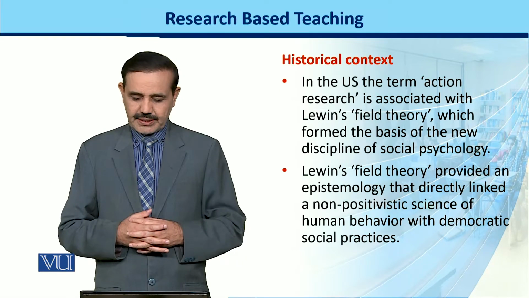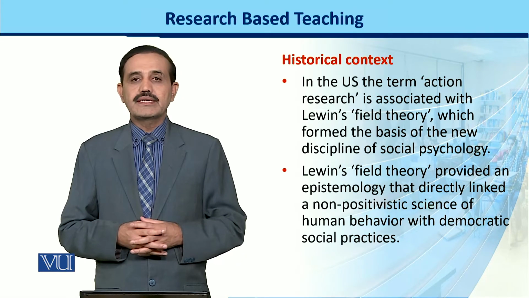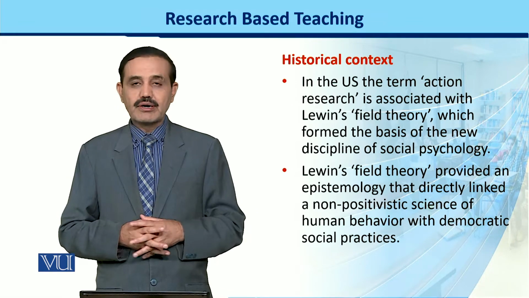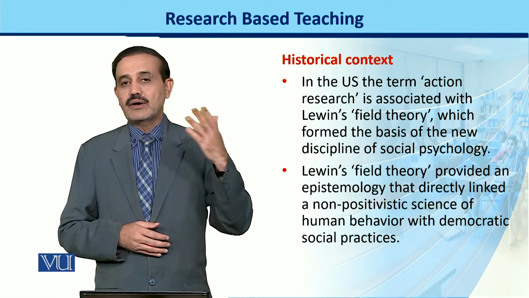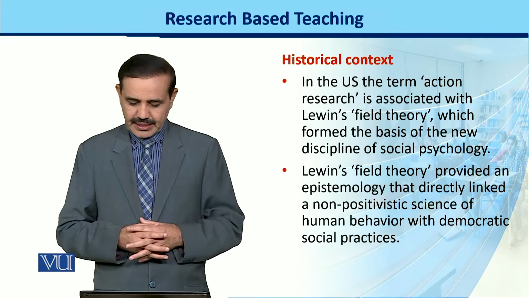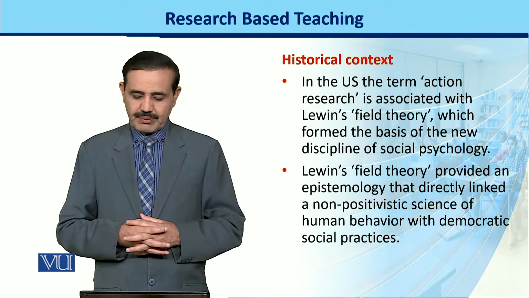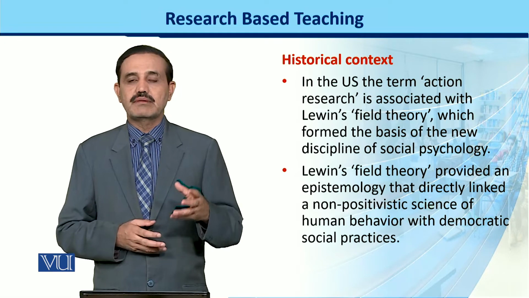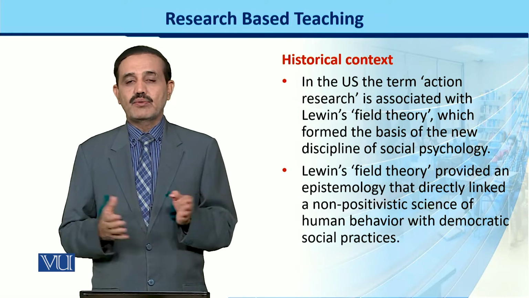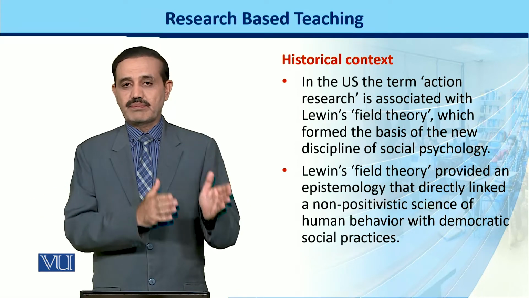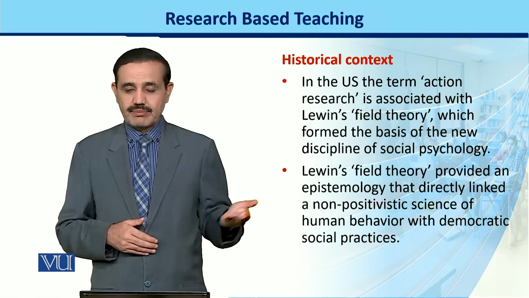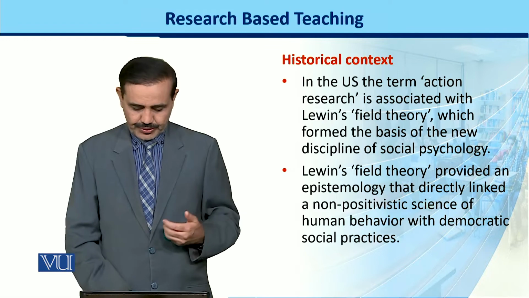Lewin's field theory provided epistemological ideas directly linked with non-positivist science: how ideas are generated, how knowledge is created, and what the bases of knowledge are. It was based on human behavior with democratic social practices. What kind of human behavior is there, and what kind of social practices are provided in a special pattern of human behavior, so that knowledge can be produced and reproduced.